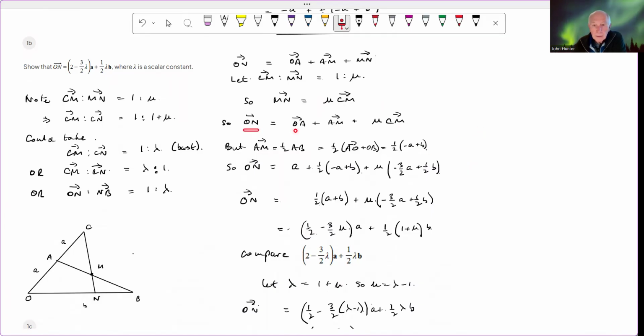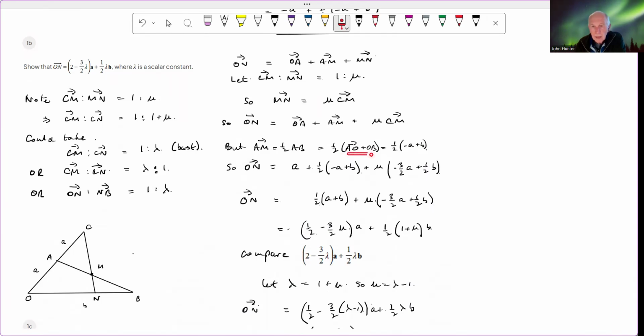ON is therefore, if we take the route from O to N, we go via A and via M. So OA plus AM plus MN, which is equal to mu CM.